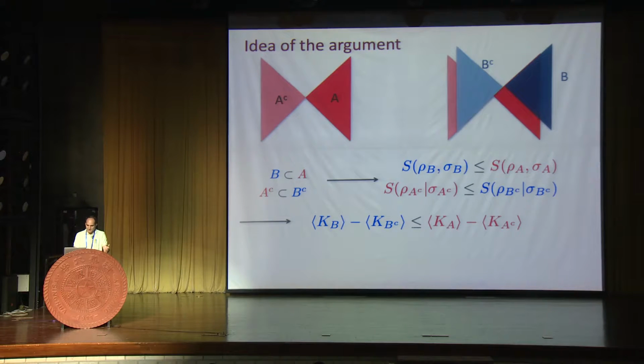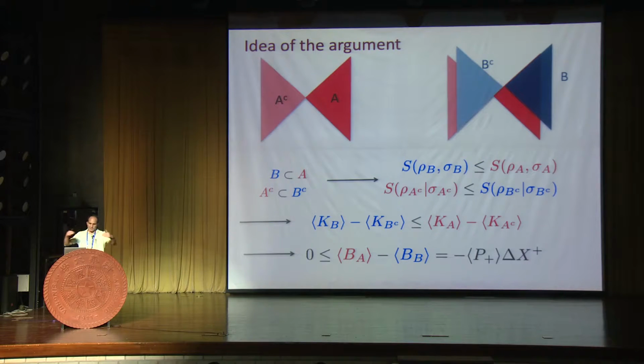If we now use the expression for the modular Hamiltonian in terms of the boost generator, this just gives the difference of the two boost generators, and that difference is just simply the P plus. So this simply has proven that P plus is positive. Of course, we knew that already. So this is just the idea of the argument. The true argument actually uses two regions.